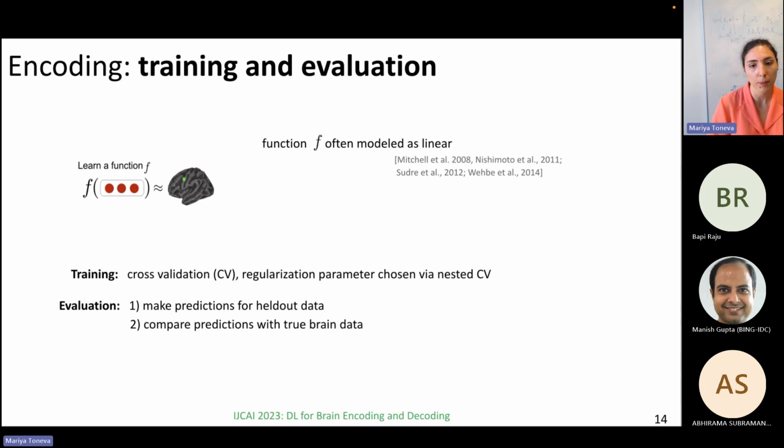And the second step is, once we have predictions that correspond to this held out data for each XYZ coordinate in the brain, we want to see how well we actually predicted this data. So what we can do is compare these predictions for the XYZ coordinates with the actual true brain response that corresponds to the sample that we're using to predict the brain response.